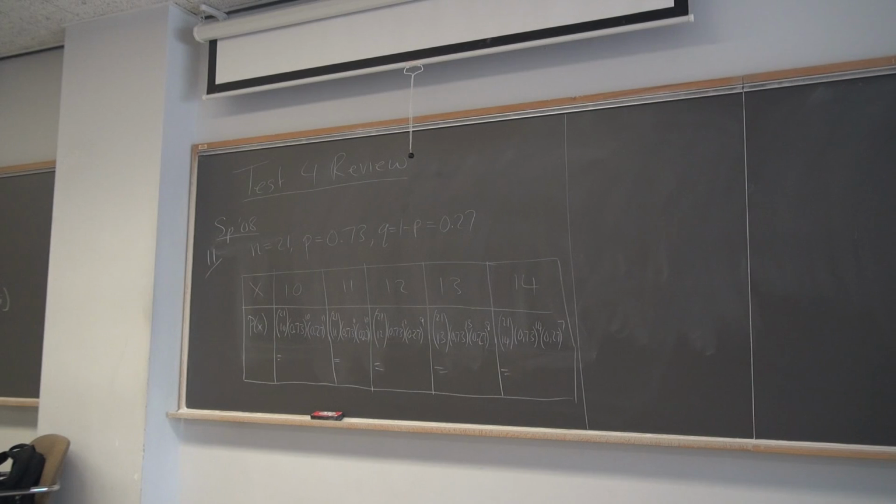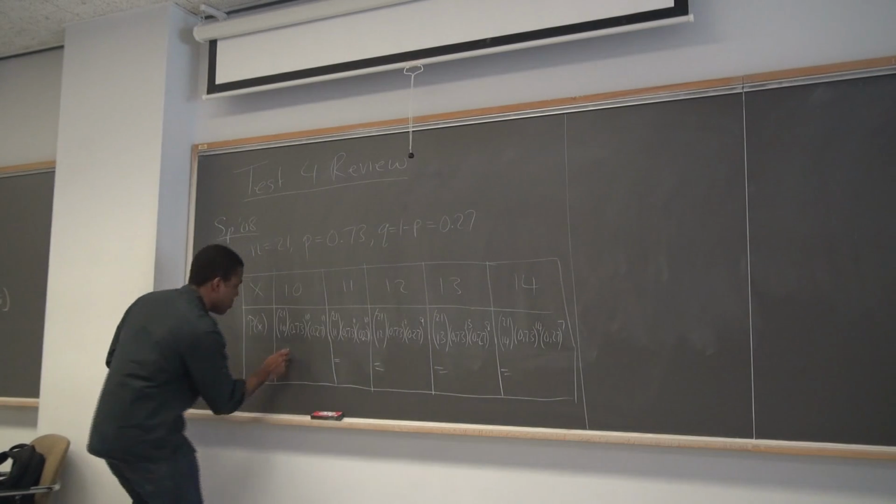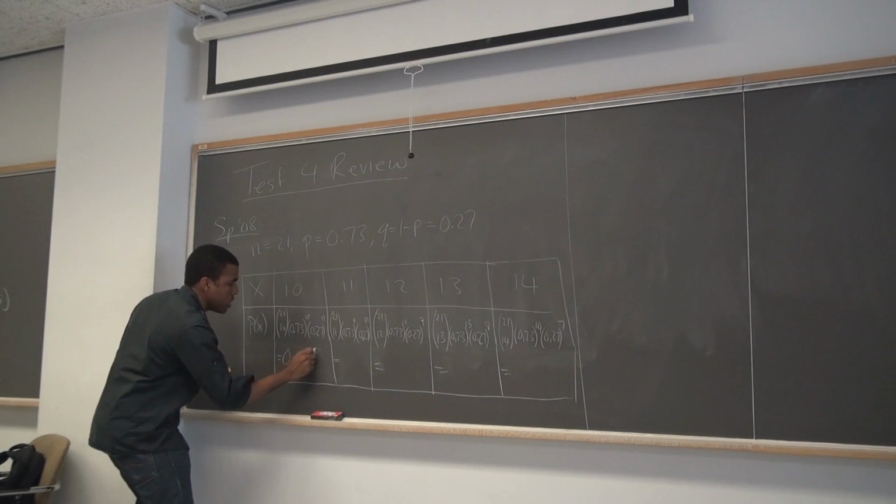First one is 0.0084. They said 3 decimal places, so put 0.008.